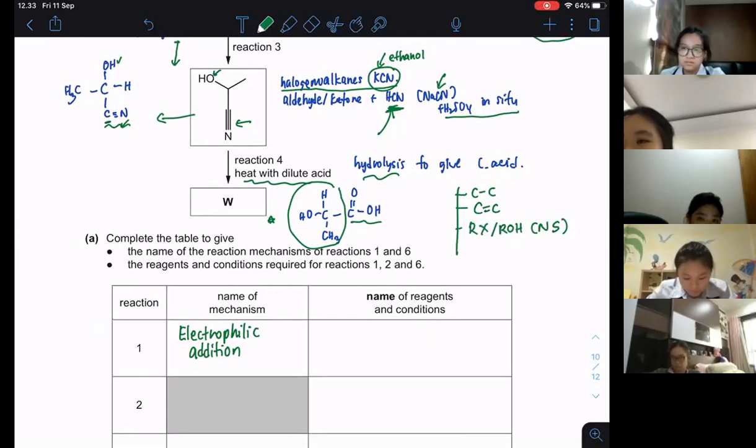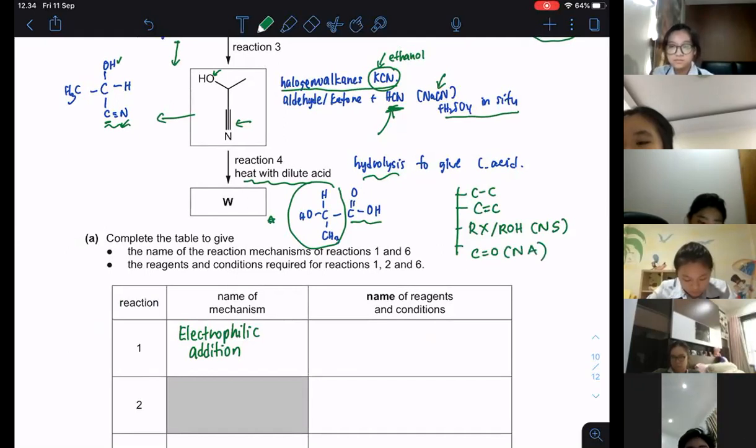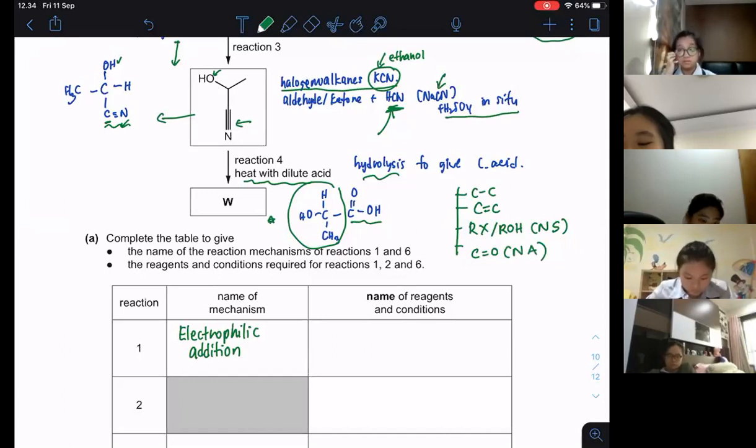And if you have C double bond O, then we are talking about nucleophilic addition. The rest, no need to know for now. I think that is under JC2. We have also learned about electrophilic substitution, that is for benzene. But this one we focus on AS.